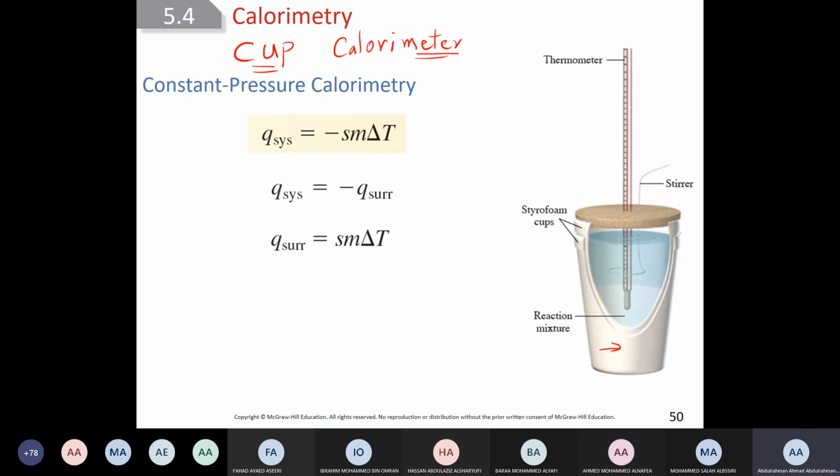So this cup is used to measure heat. That's why it's called cup calorimeter. In this case, our system is the chemical reaction.